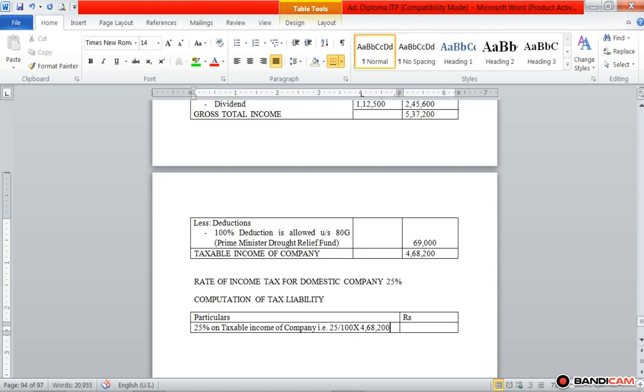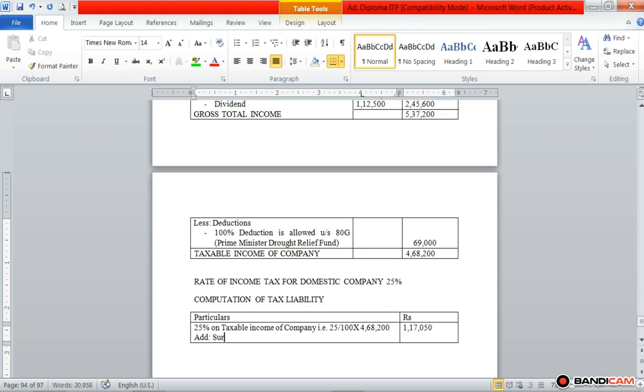Okay, so compute the value. 25% on 4,68,200, that is 4,68,200 into 25 divided by 100, we get income tax amounting to rupees 1,17,050.